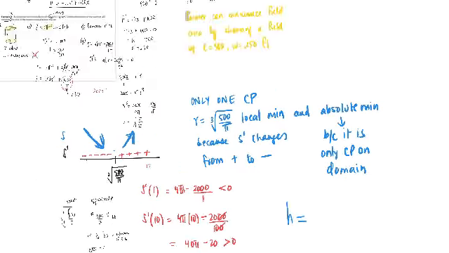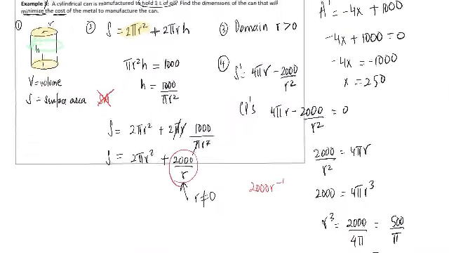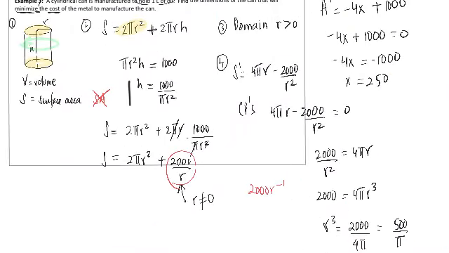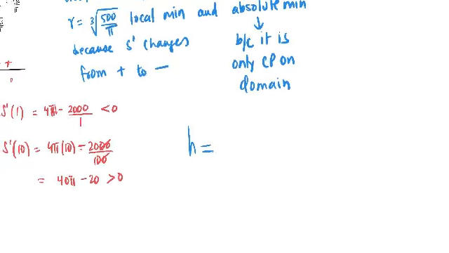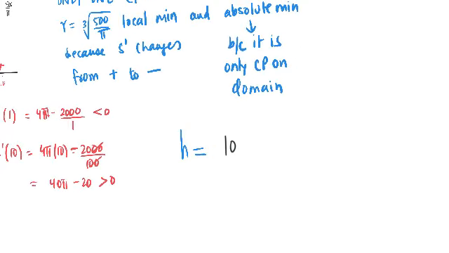So h, if we go back up here, we said h was 1000 divided by pi r squared. So then h for this particular r is 1000 divided by pi times the cube root of 500 over pi, squared, right?